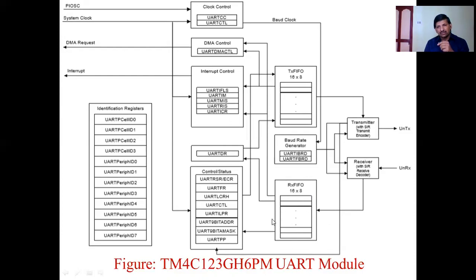Then that is given to the control register or data register, and it is given to the interrupt controller and DMA controller for generating control signals. The control signals may be either DMA requests or interrupt signals. Similarly, it is given to the control register. Like that, the UART module transmits data from transmitter to receiver and receiver to transmitter.